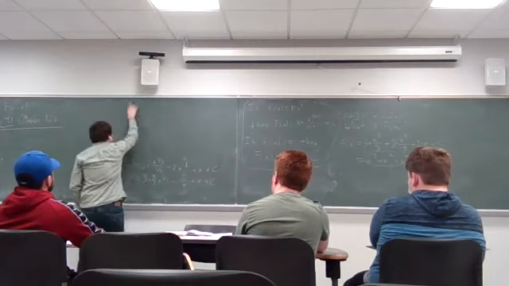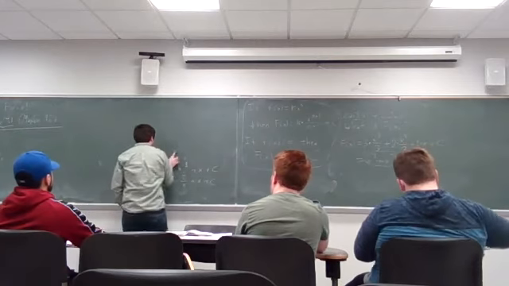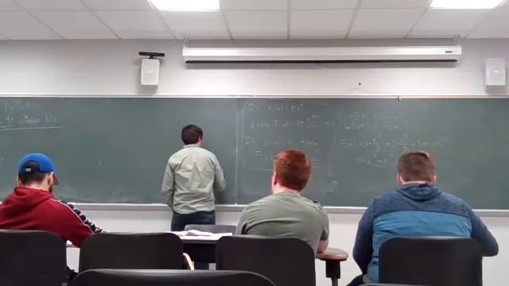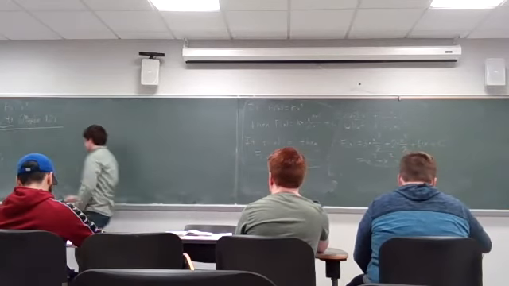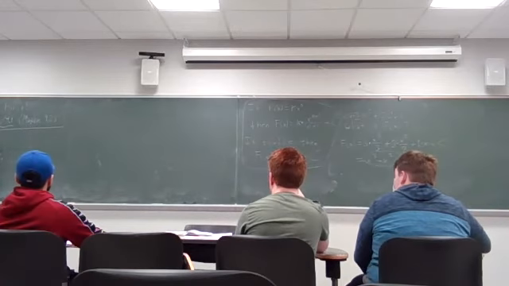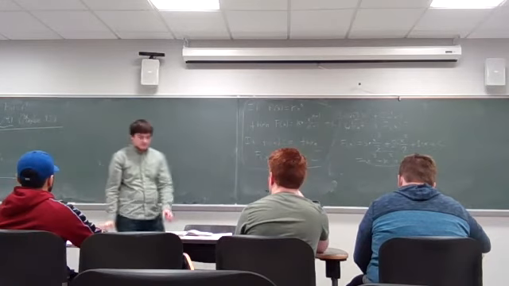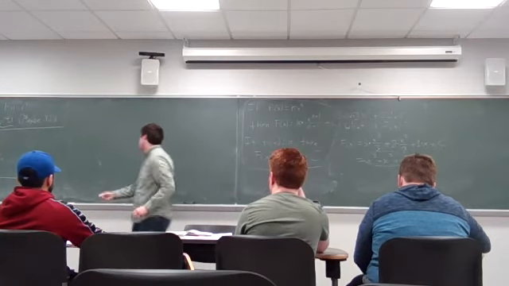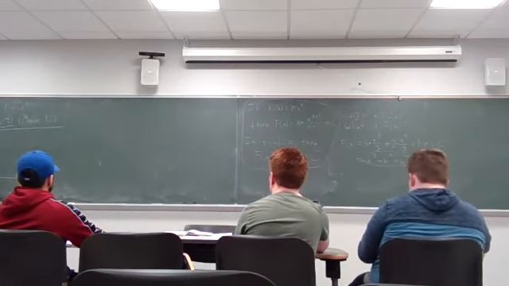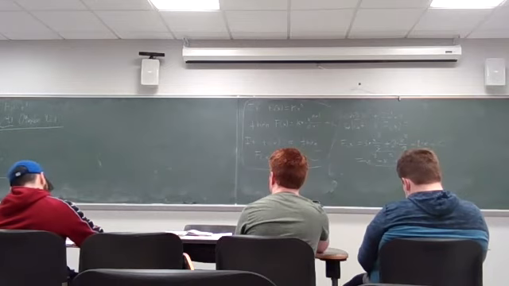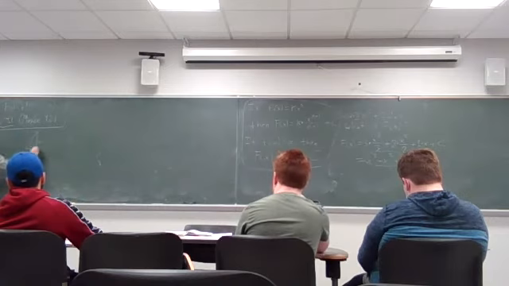Let me erase, get some space. Okay. So this section of the book is called the area problem. It's called the area problem because if I ask you to find the area of a triangle, even just a simple right triangle like this, I'm going to give you the base and height.